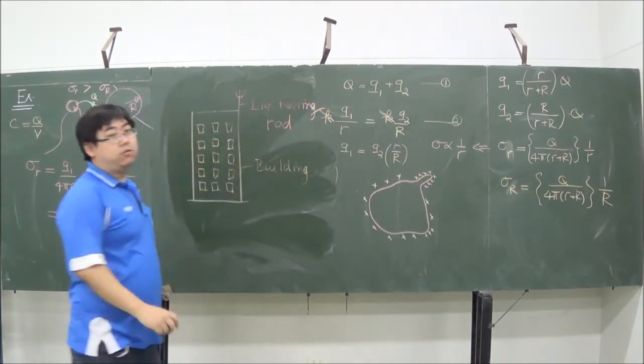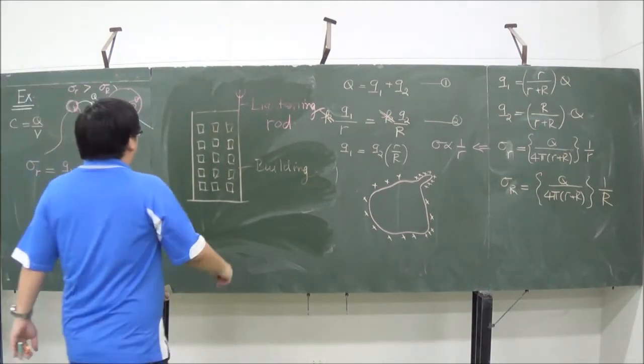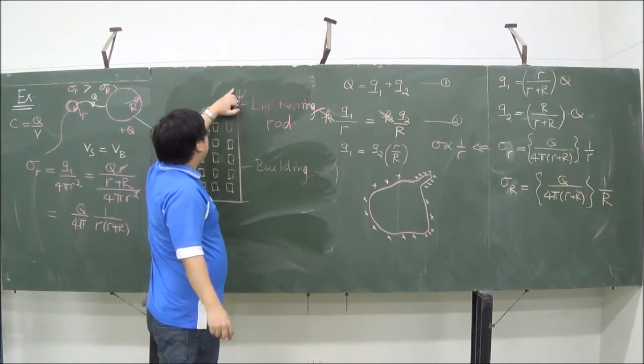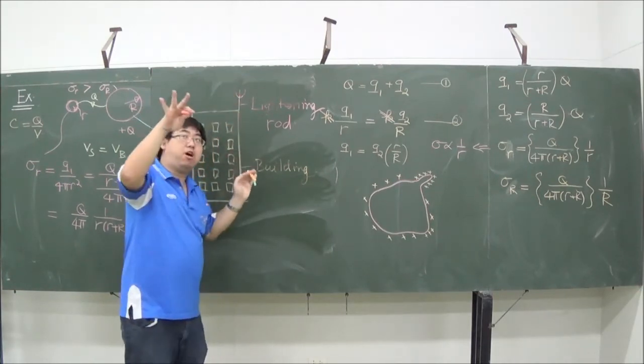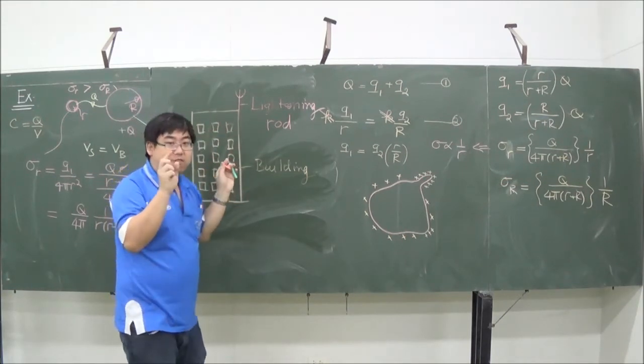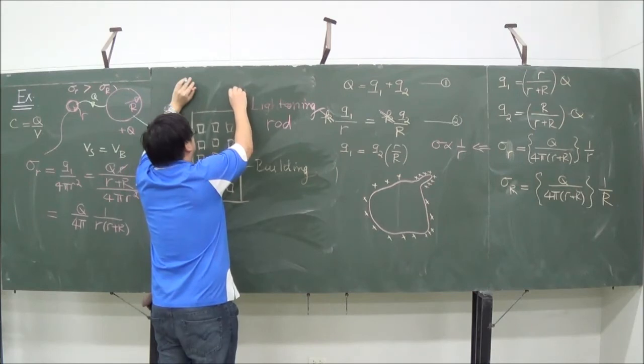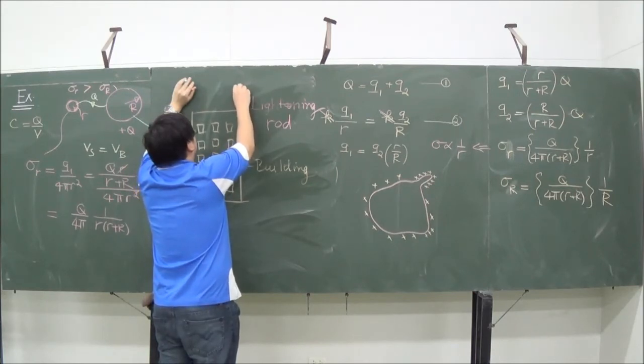The lightning rod, สายล่อฟ้า. At the tip of this lightning rod, they will build it to be very sharp, such that most of the charge goes onto this part here.